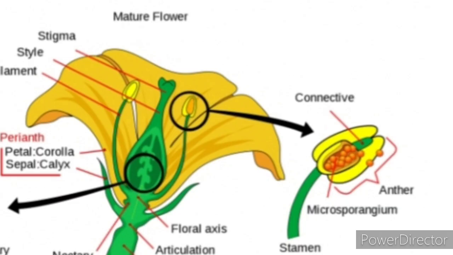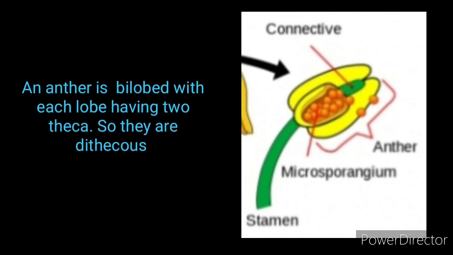A typical angiosperm anther is bilobed. That means it has two partitions present in one structure, and each lobe or each partition has two theca. Again two divisions are there. So total 4. So the anther is bilobed and dithecous.